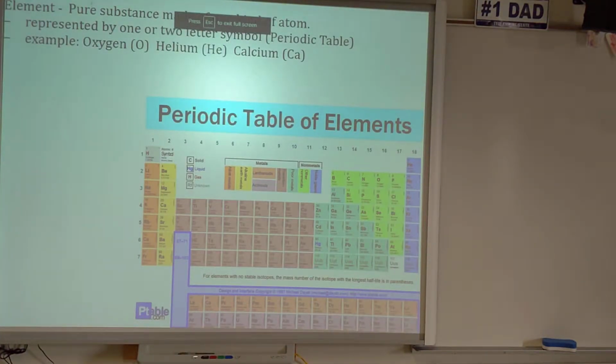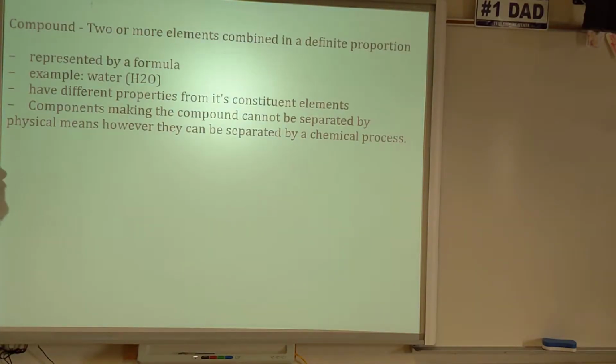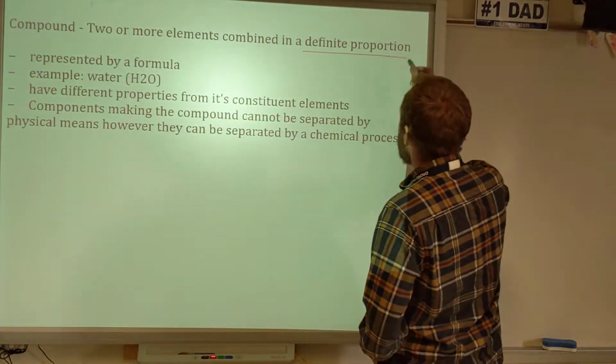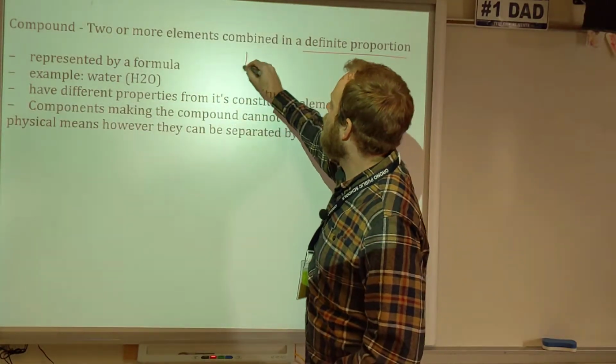Okay, great. So elements are pure substances made of one kind of atom, represented by a two-letter symbol. Examples: oxygen, helium, calcium. Basically, if it has a box on the periodic table, it's an element. Compounds are two or more elements combined in a definite proportion. The definite proportion is the chemical formula.